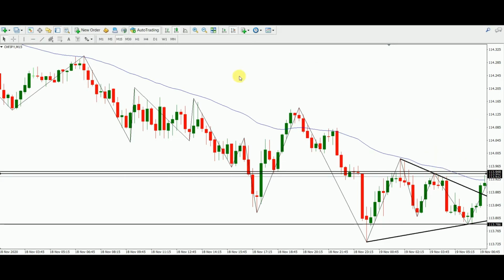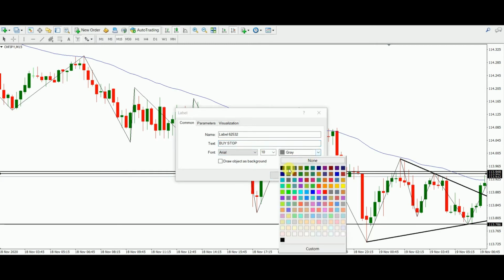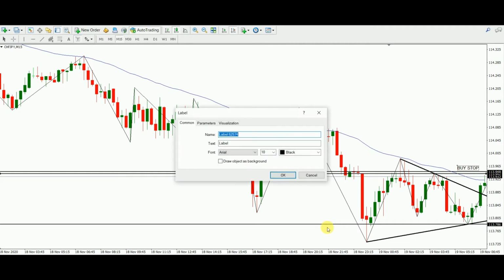Okay, so that will be your buy stop. Then this level will be your sell stop.